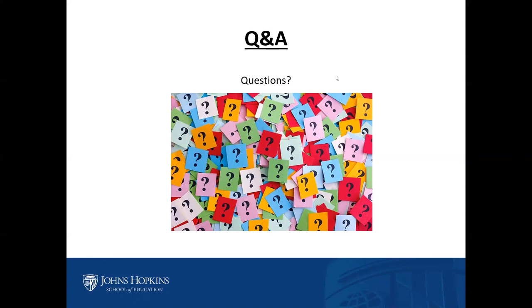The next question: if the applicant has completed a 2-year certificate program, Mind, Brain, and Teaching at Hopkins, how many of those credits can be counted towards the EdD program? So we still only accept up to 6 credits.